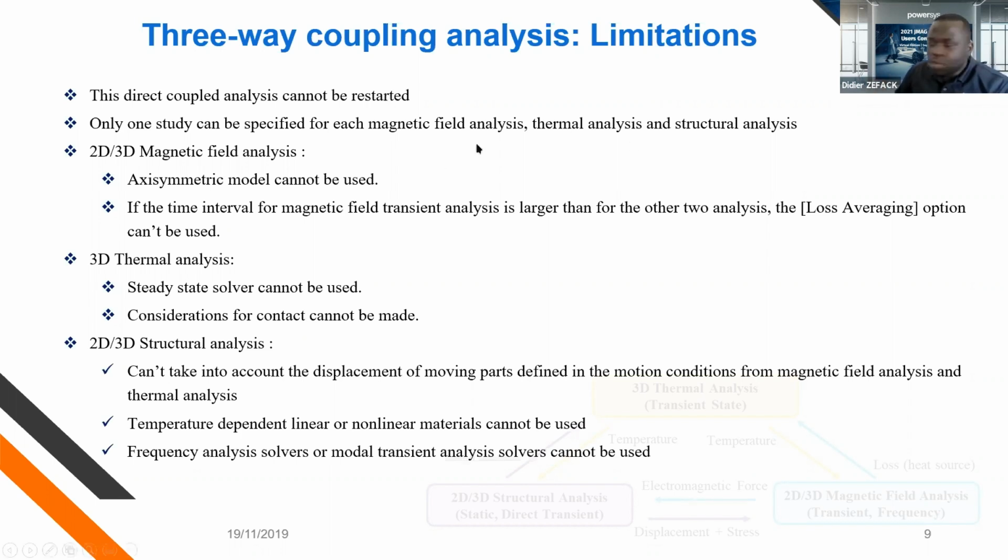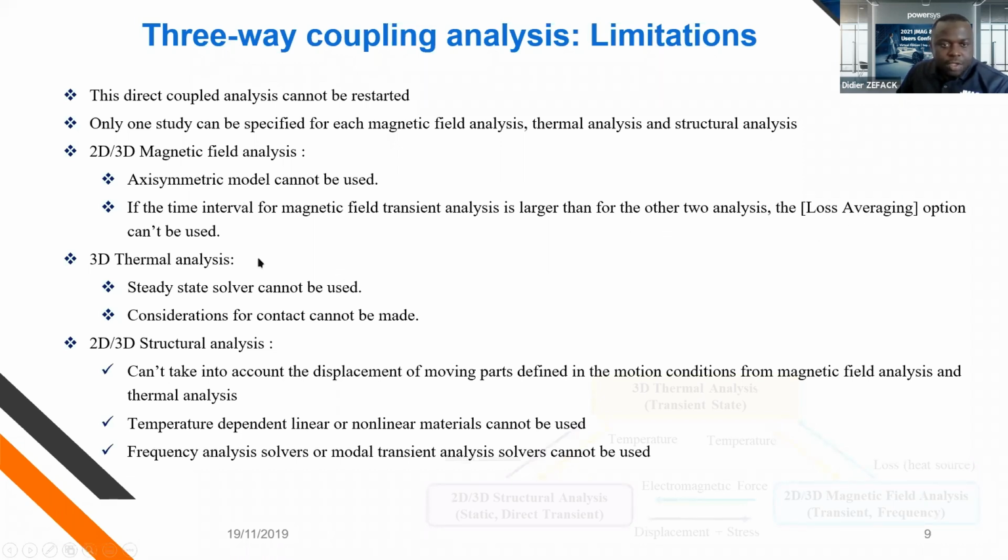So you only need one analysis per solver. In the magnetic analysis, you cannot use axisymmetric models. And when the simulation is very large for the thermal and structural, you cannot use the loss averaging function.